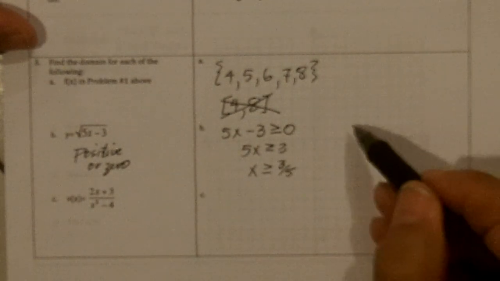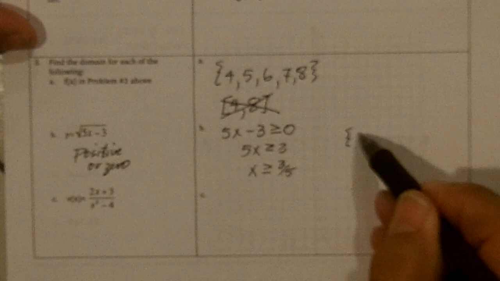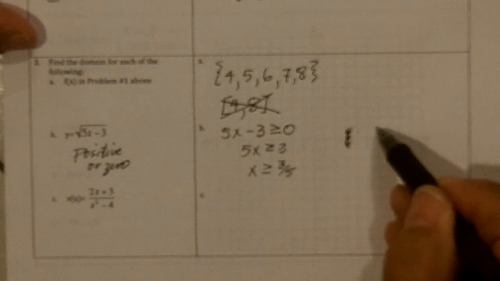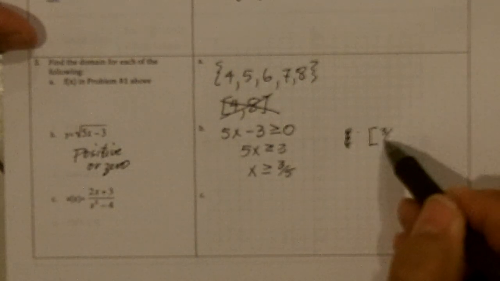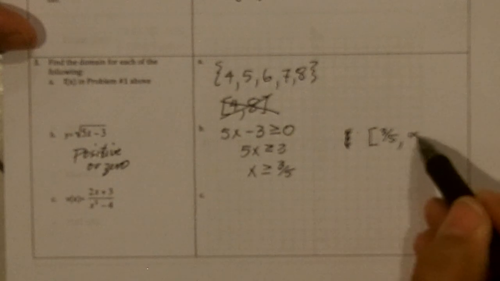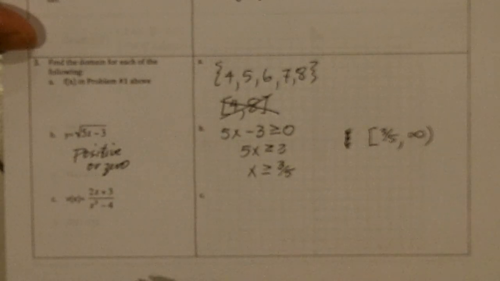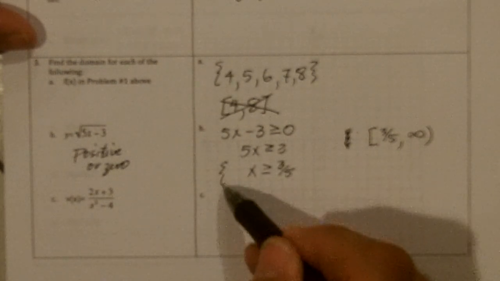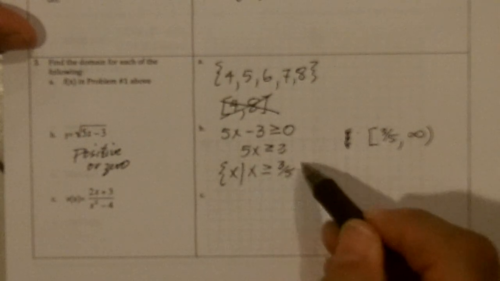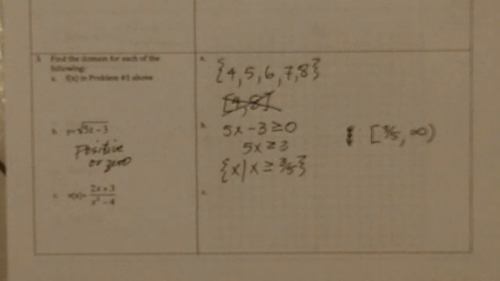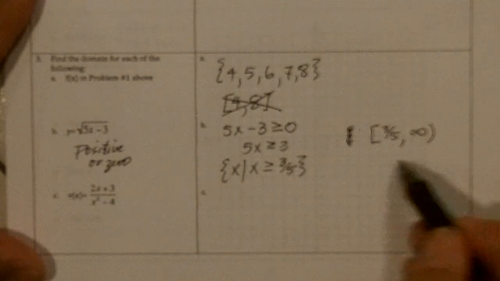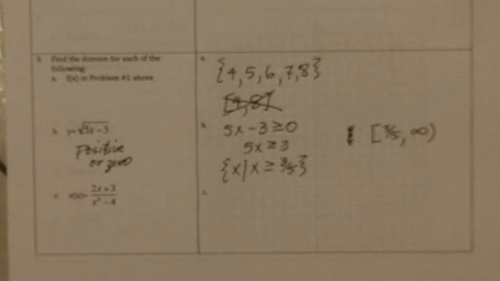So I can write that in interval notation, which means I can include 3/5 up to infinity, or I can do it with set notation, or I can say all reals greater than or equal to 3/5. Write it out in words. Okay, the next one.